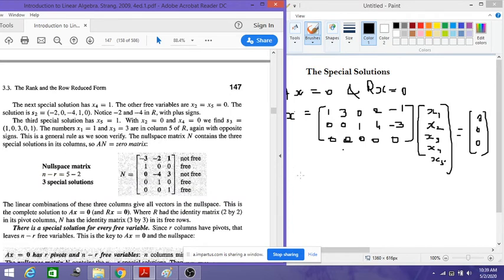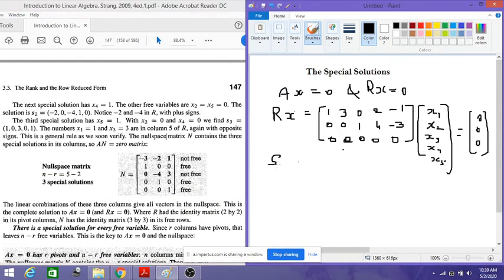The only point we need to highlight is this. So let me write the special solutions here. How many free variables do we have? This is a free column, and this is also a free column. It means we have 3 free variables, so 3 free columns and 2 pivot columns. So I'll get 3 special solutions. What are they?